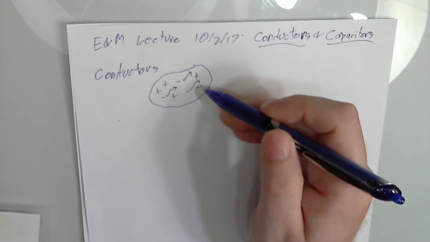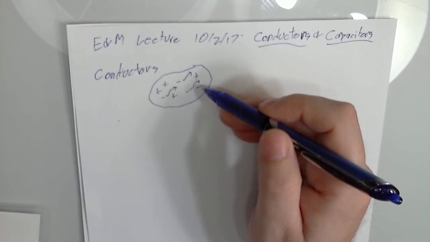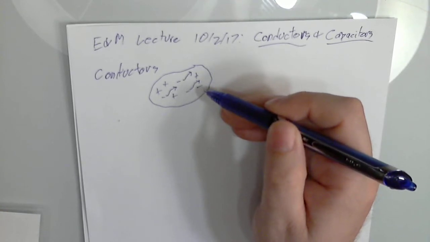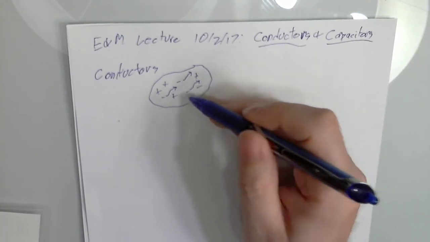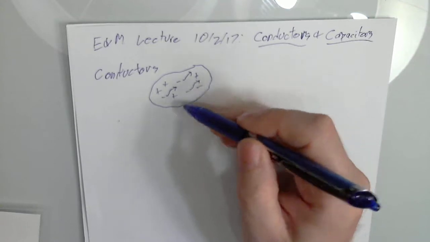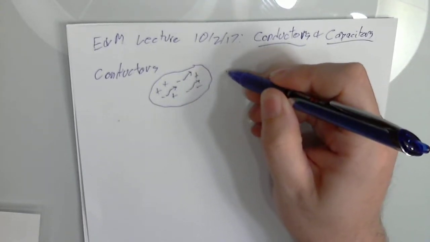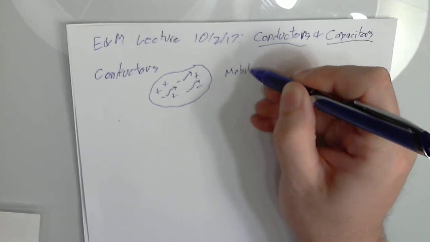You can think of this as metals containing within them kind of an electron liquid that's able to flow around within the interior of the material. They can never leave the material unless you get up to very high electric fields, but are free to move around within it. So conductors have mobile charges.